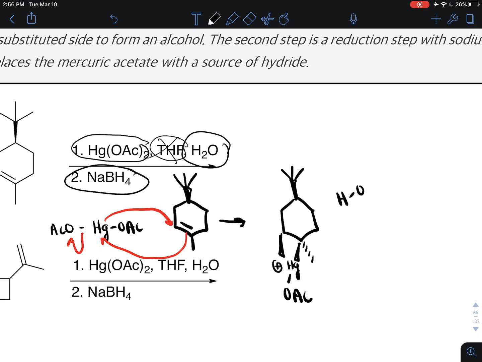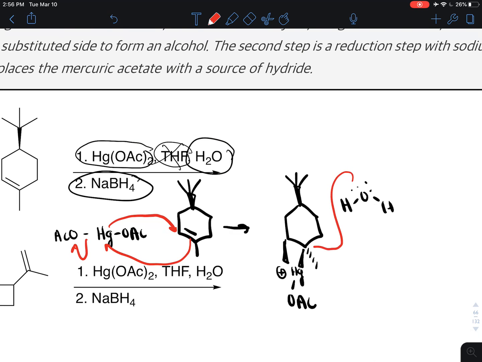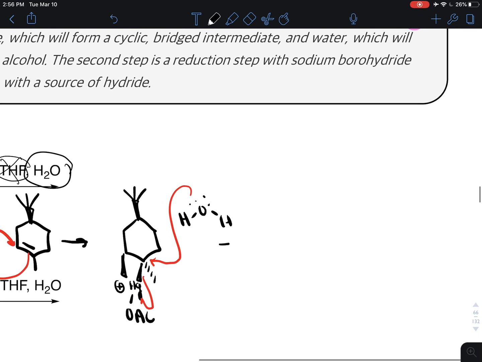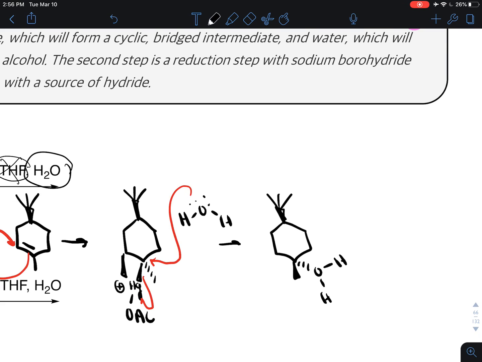And then we have water, and that water is going to attack in the same fashion that we talked about before at the more substituted position, okay? And what's going to happen is that mercuric acetate bridge is going to break, so the resulting structure would be something that looks like this.